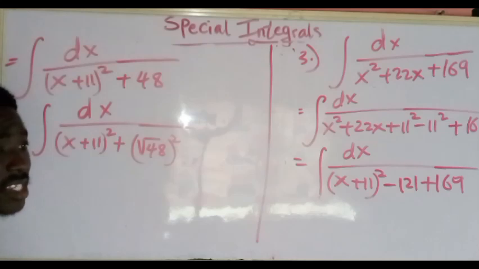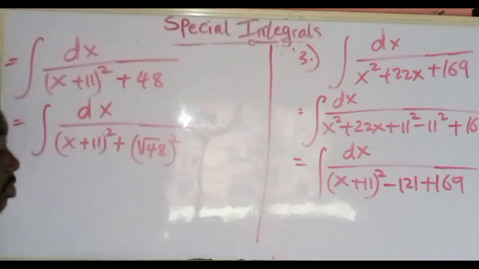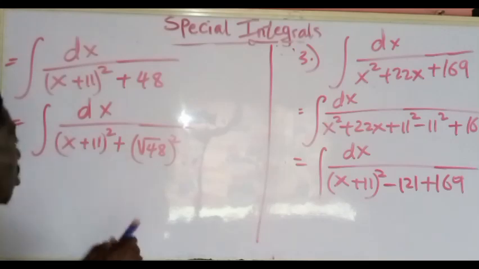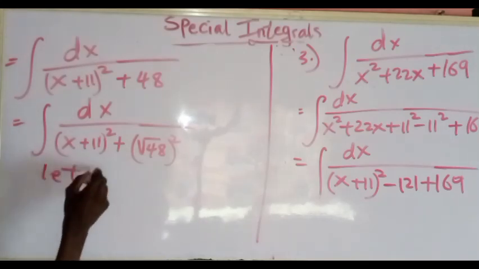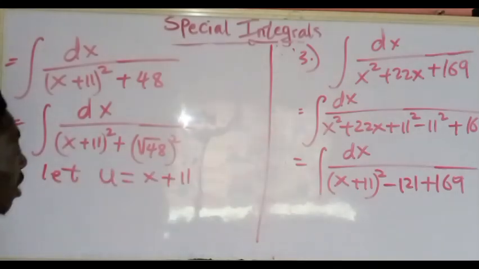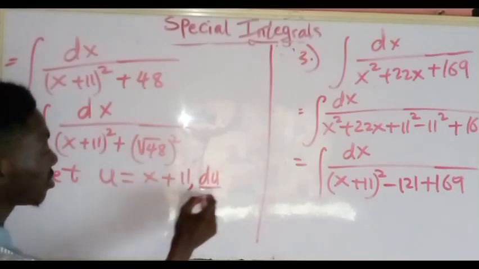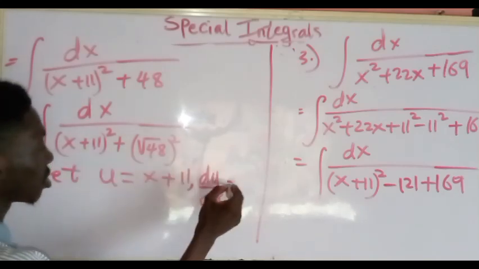My final answer here is very simple, but for the sake of official solving, I would use another substitution to simplify this. In that case, I'll say let u equal x plus 11. If u is equal to x plus 11, my du/dx is 1.